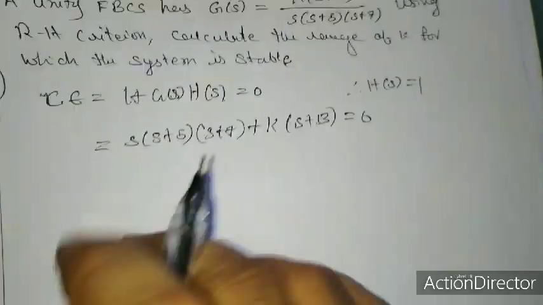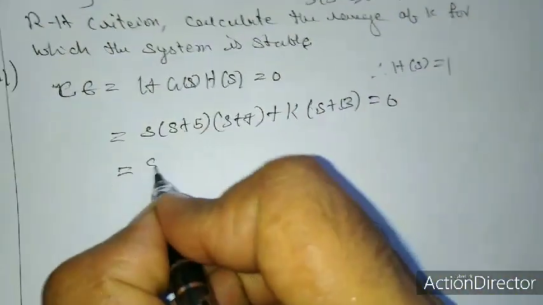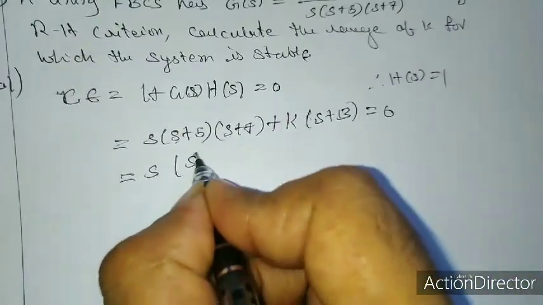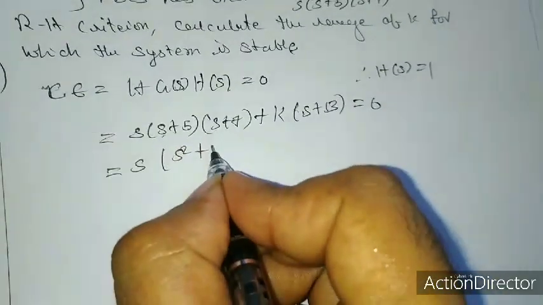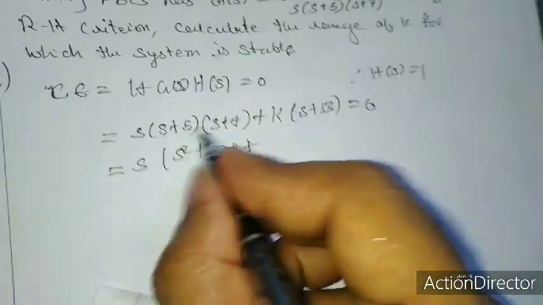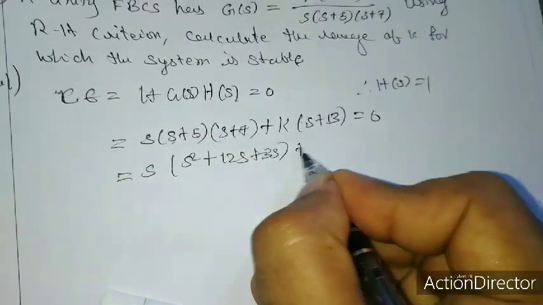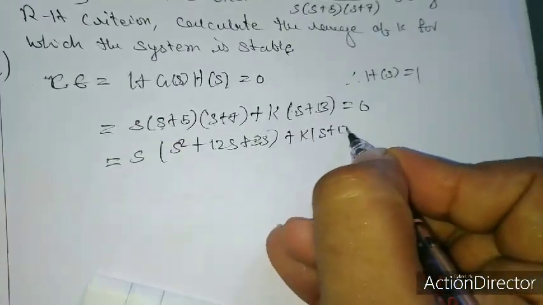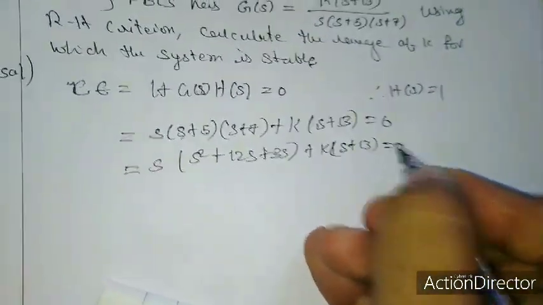If I multiply further, I get s into s square plus 12s plus 35, plus k into s plus 13, equal to 0.